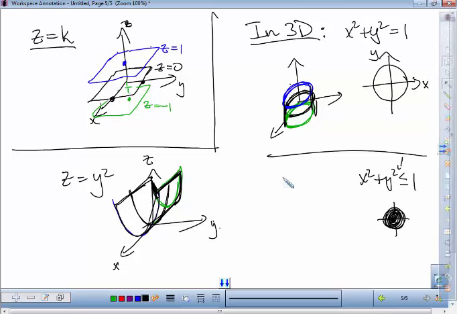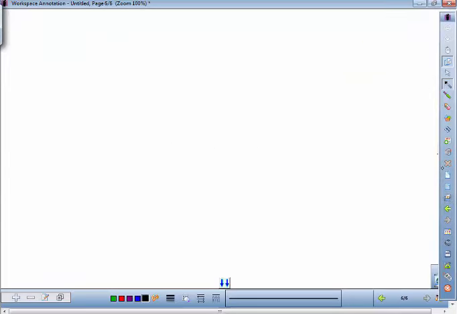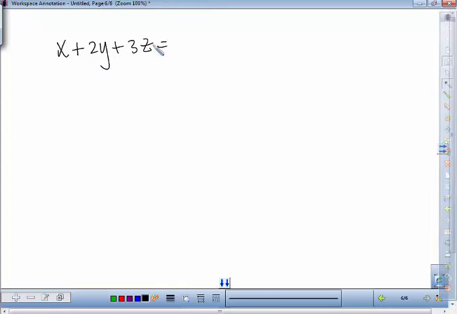All right, let's try something else. Let's try another graph of something that would be kind of interesting for us. So let's try x plus 2y plus 3z equal to, now let's see, let's try 6.